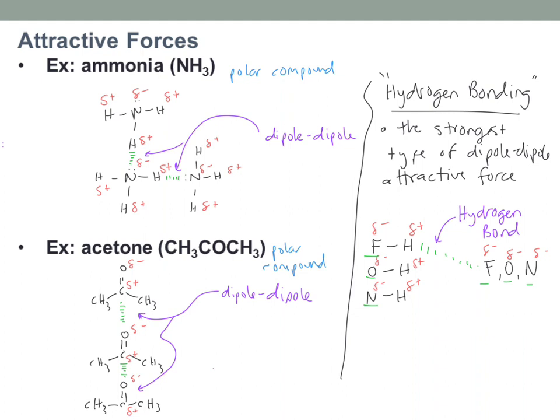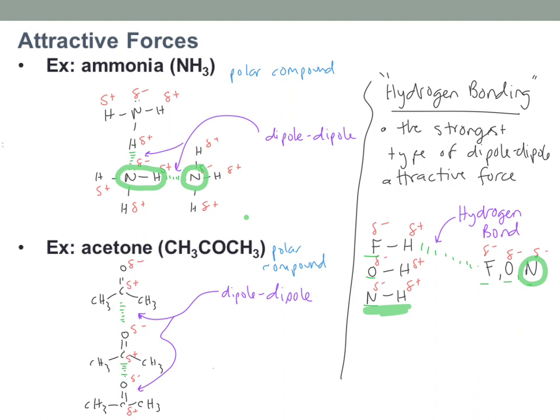And so if I look up here at my ammonia, I'll draw this out like this. With ammonia, I do have a hydrogen on a nitrogen, just like we said here. And I also have that it's attracted to a nitrogen, which is what we said here.